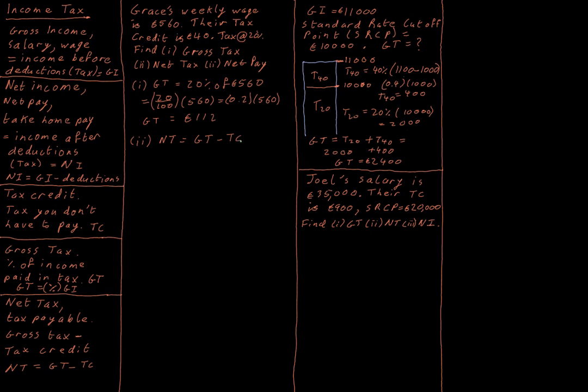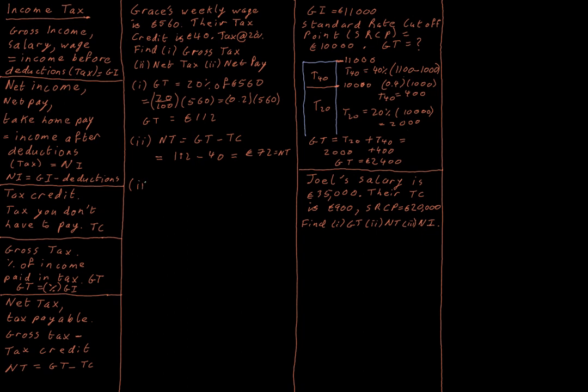So that tax credit gets taken away from our gross tax. So our gross tax we just calculated is 112, when we minus 40 away from it, we end up with 72 euro. So that's our net tax, or our tax payable is another word that they could use for that.